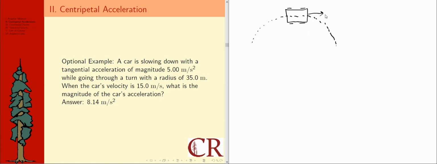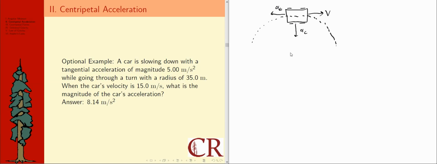It's at some instant where it has a velocity v, but it's slowing down, so there's definitely an acceleration that is the tangential component of acceleration. But since the car is going in a circle, there's definitely at the same time a centripetal component of acceleration.